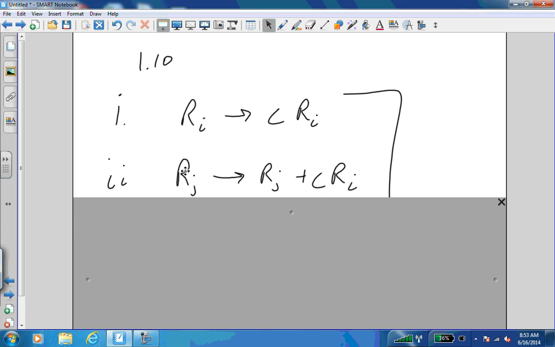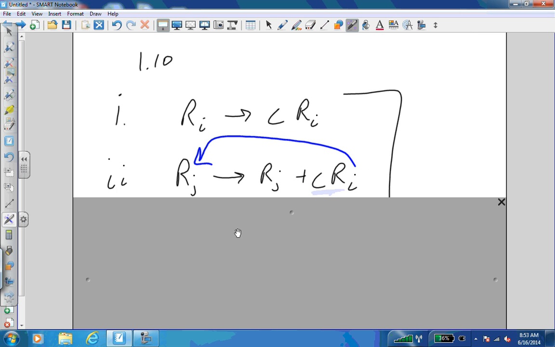Now, one thing to be careful of here is that the row that we're trying to get, when we take its previous row, doesn't have anything multiplied by out front. What's being multiplied by something is another row that we're using to get that row. So the row that has the number multiplied by it is not the same row that we're changing.